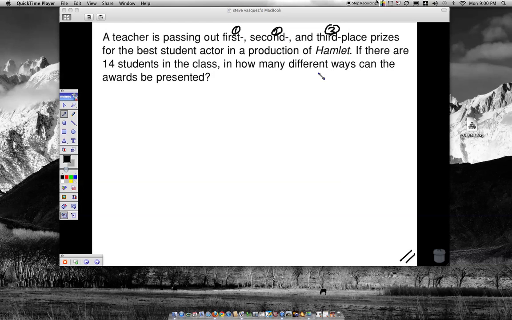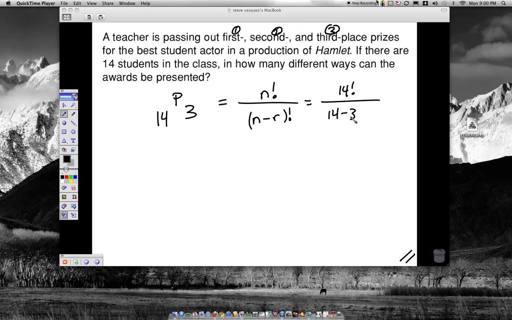There are 14 total students, and I'm going to take the permutation picking 3. Use my formula, n factorial over n minus r factorial, and it is 14 factorial over 14 take away 3 factorial.